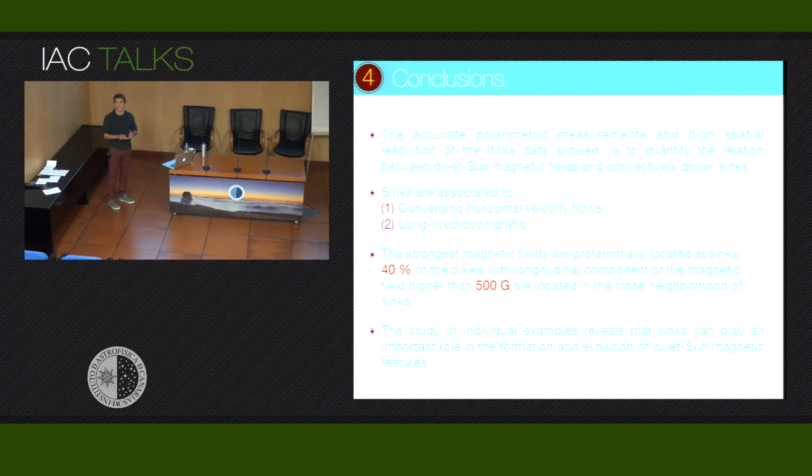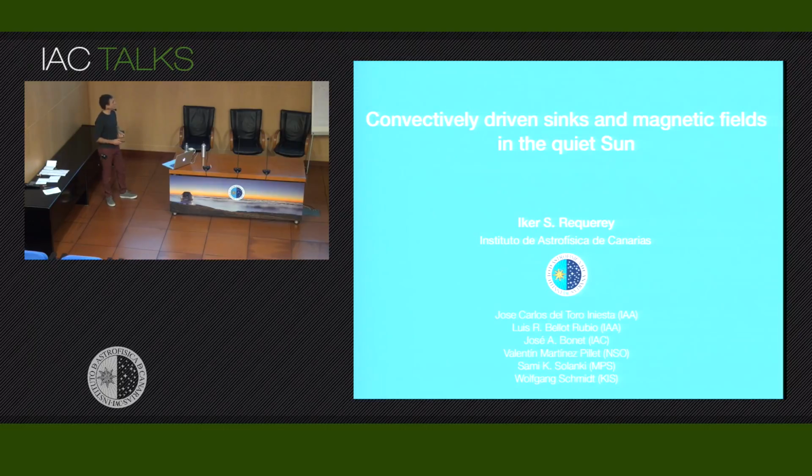In particular, 40% of the pixels with longitudinal component of the magnetic field higher than 500 Gauss are found in these areas. And finally, we have studied different samples where we have seen that the sinks can play an important role in the formation and evolution of quiet-sun magnetic features. Thank you.